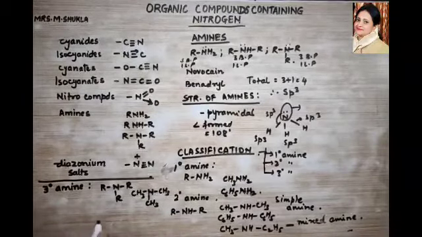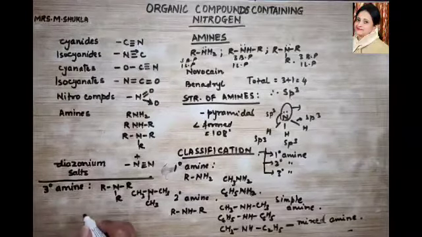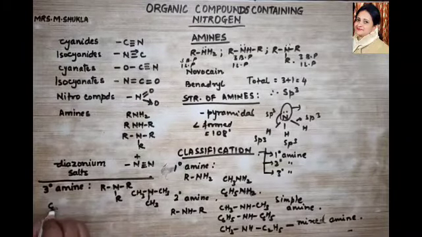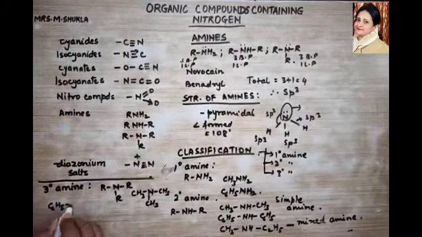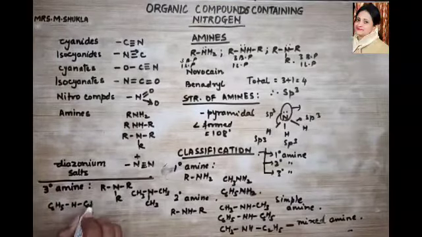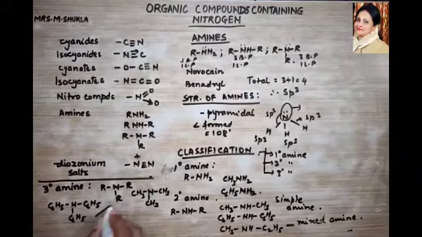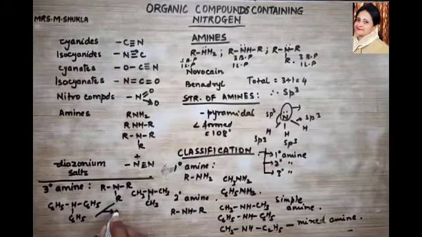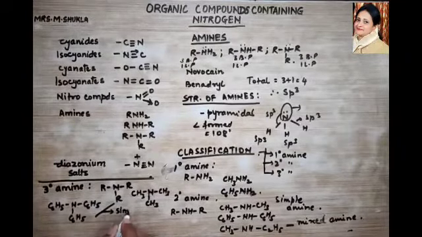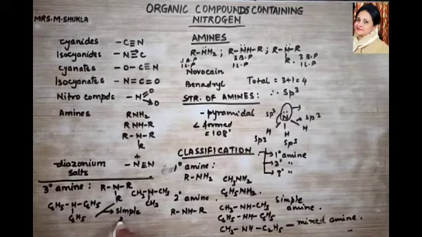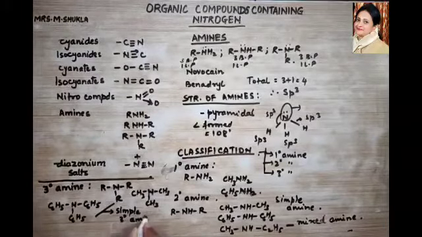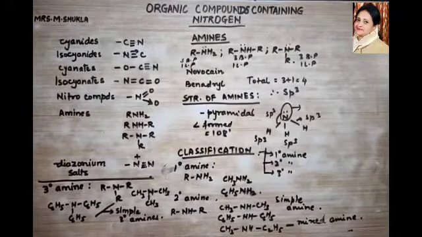Similarly for your aryl group, it can be like C6H5N(C6H5)C6H5. What are these two? These two are simple tertiary amines. Okay, is this clear?